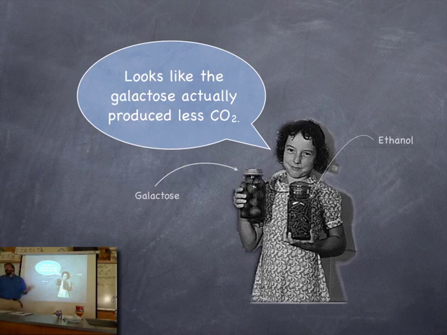Now, what else might we want to consider when we're thinking about burning stuff for heat? How much heat is released? Because what we really care about is how much heat, how much energy do we get per gram of carbon dioxide produced. Okay? And so that's something we're going to need to wait a few chapters before we get there. That's chapter 6 that we'll look at right before winter break. We'll be able to answer that question.